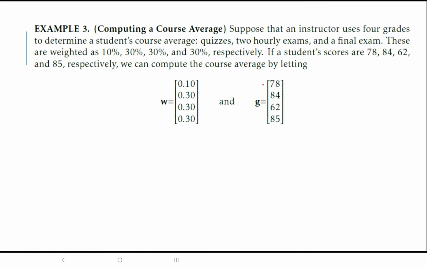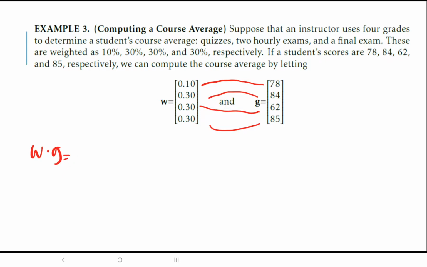Yung 78 na grade, ang weight niya ay 10% ng GWA mo. Yung 84, 0.3. So what we want to do here is hanapin natin yung weighted grade mo.